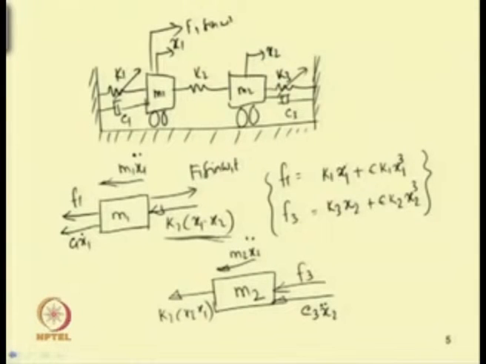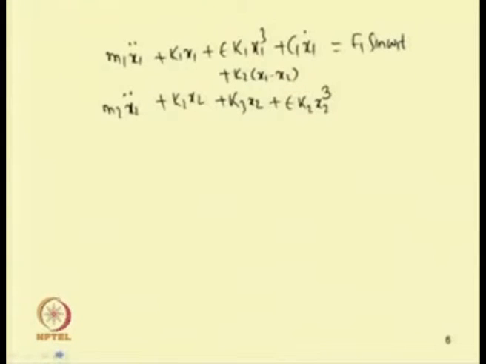Let us see, what are the other forces acting? So, damping force plus C3. So, damping force is x2 dot, not x2 double dot, C3 x2 dot. So, plus C3 x2 dot. So, this will be equal to 0.